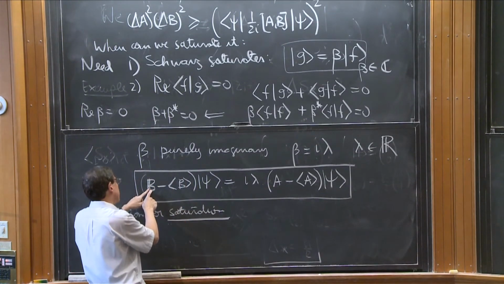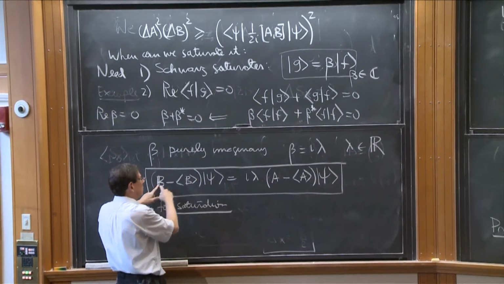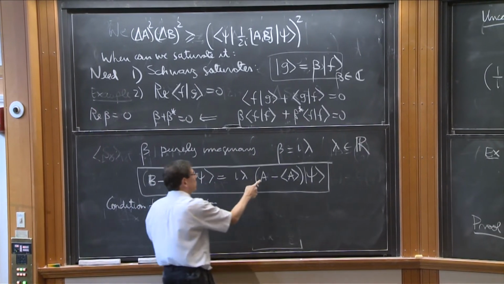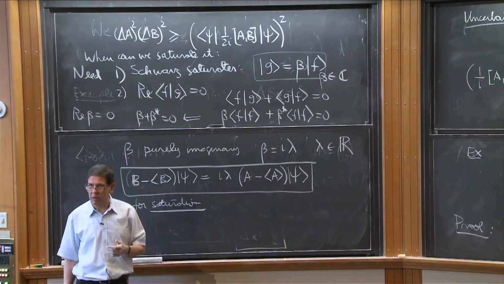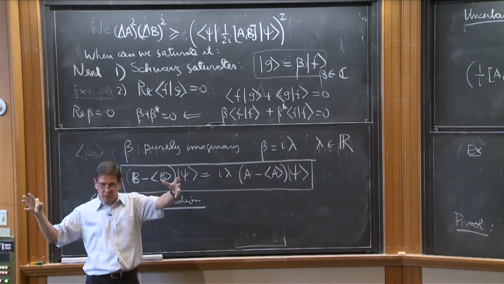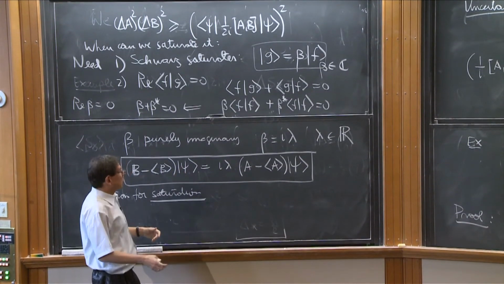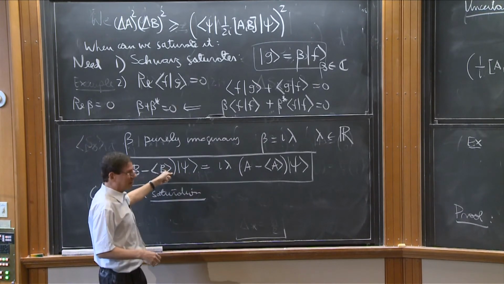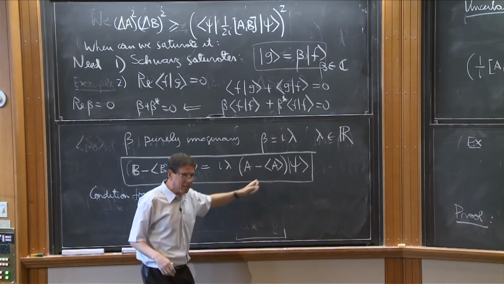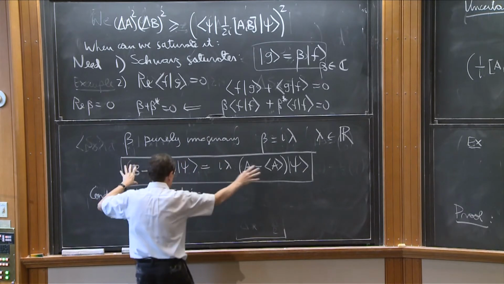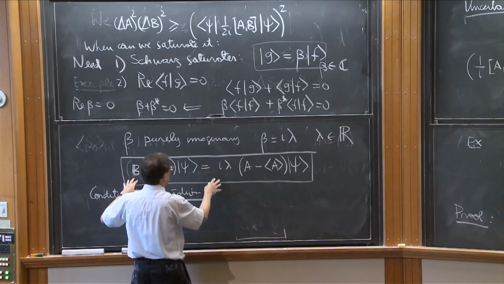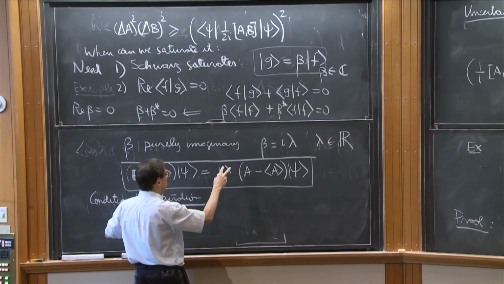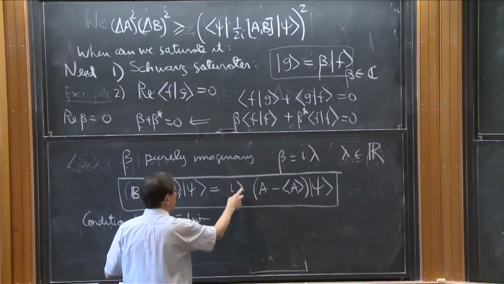Since you want to use a coordinate representation, p will be a derivative and x a multiplication, so you'll get a differential equation on the wave function. So you write an ansatz for the wave function. You must calculate the expectation value of B, you must calculate the expectation value of A, and then plug into this equation and try to see if your ansatz allows a solution, and a solution with some number here, lambda.